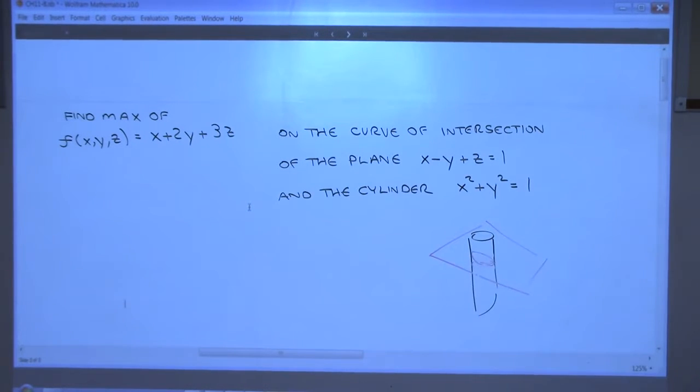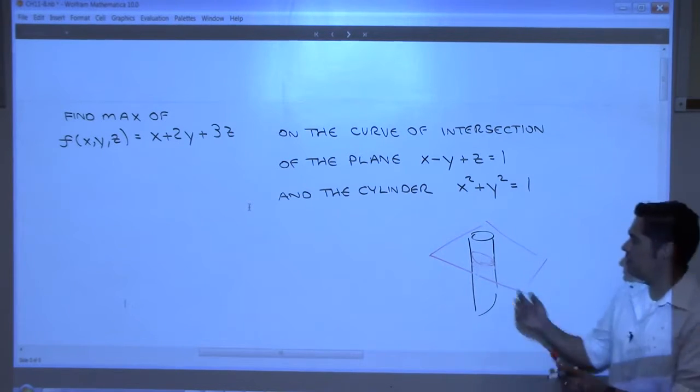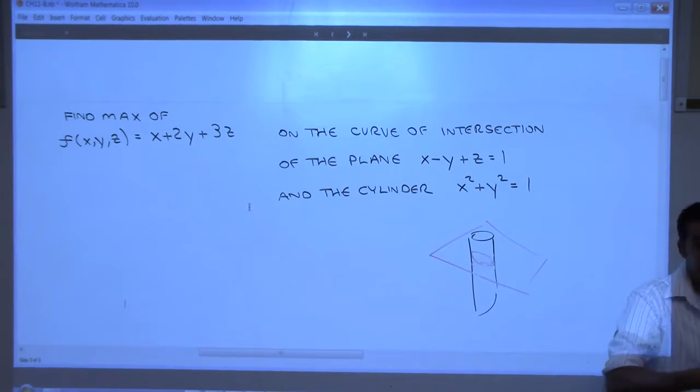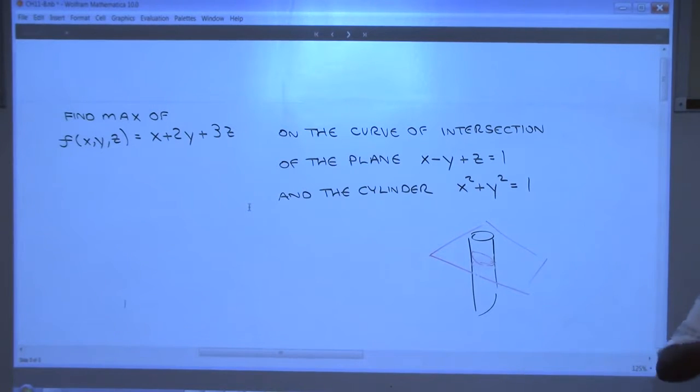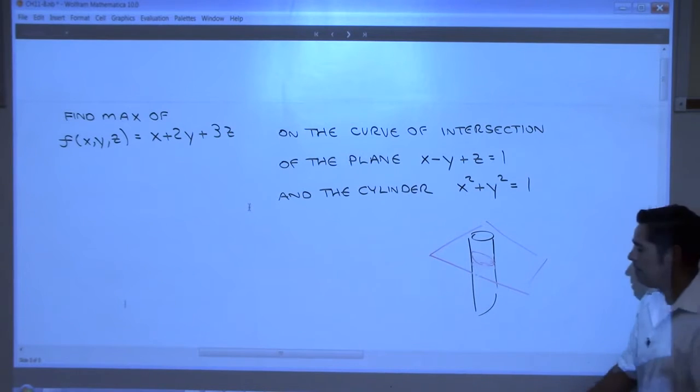Just say it cuts through somewhere, all right? And where it cuts through, it creates a curve, doesn't it? And there were problems that we had in the past where you were asked to find the vector equation of the curve, right? Intersection of two things, and you did that.